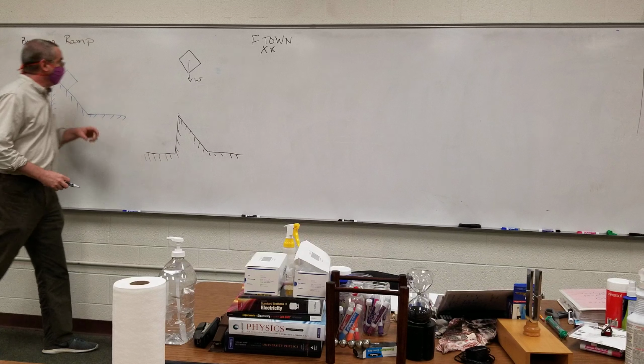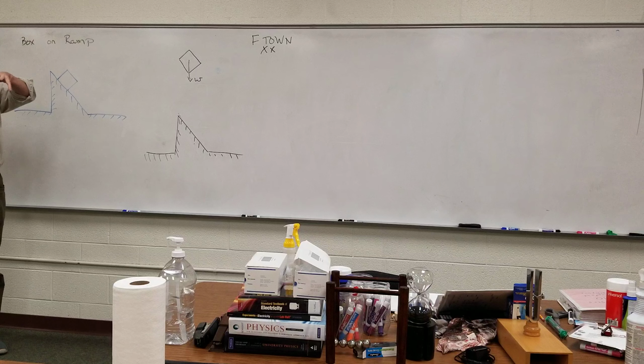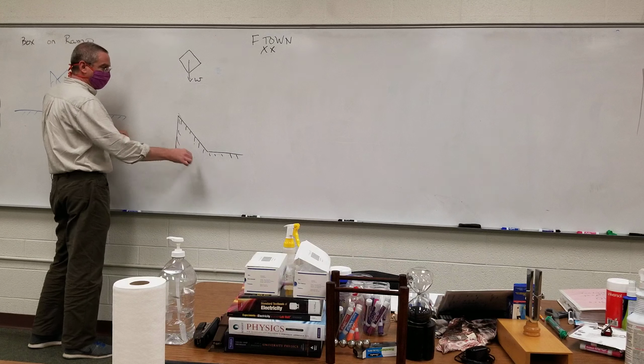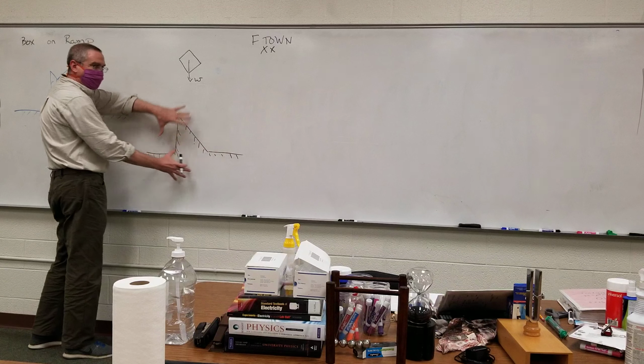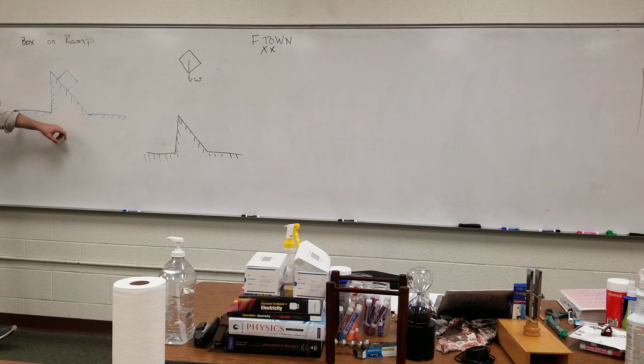Now, I have the box here. Technically, the weight is acting from the center of the planet. Well, it acts on every part of the planet, but it sums up to the center of the planet. So it really doesn't matter where I draw my arrow, just so long as it's somewhere on this whole mass right here. I do have the ramp as part of the ground, which is what this is indicating, the fact that it's not a separate wedge.